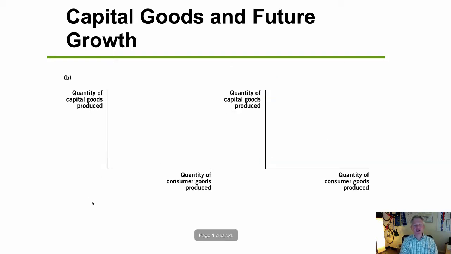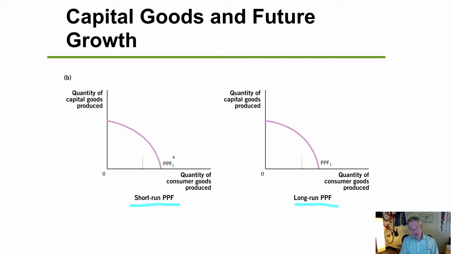So let's look at a different scenario. Short run production possibilities frontier, long run production possibilities frontier. Now let's make a choice to produce a lot more capital goods than in the last graph. So we dialed back. Remember, point A was about right here.